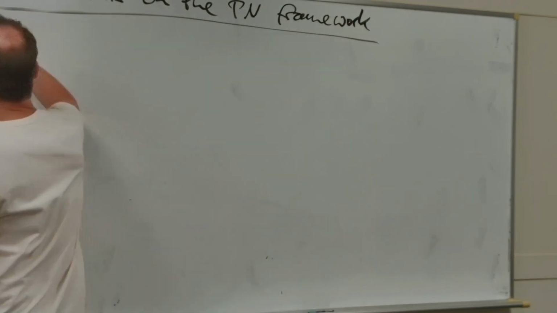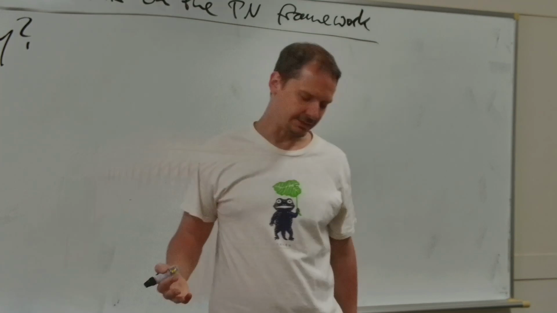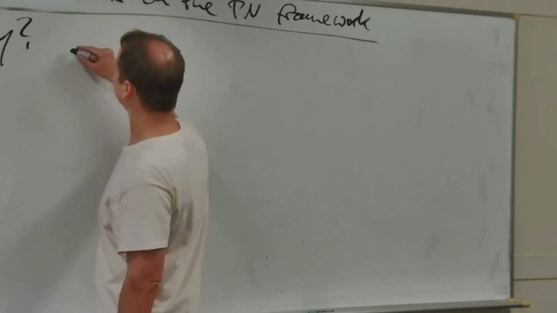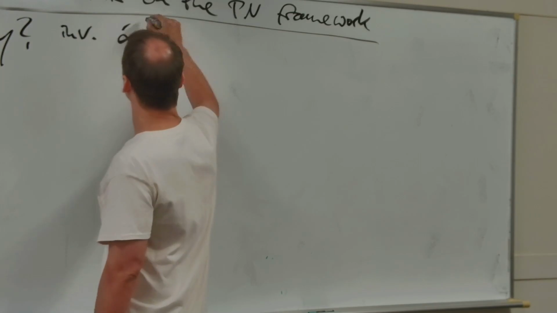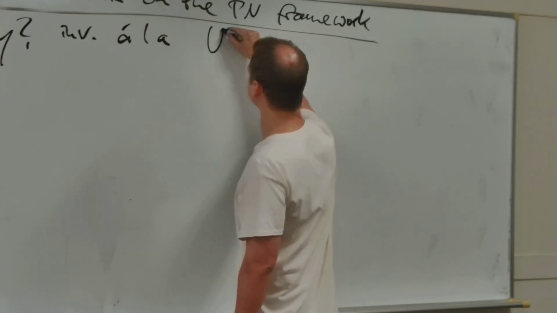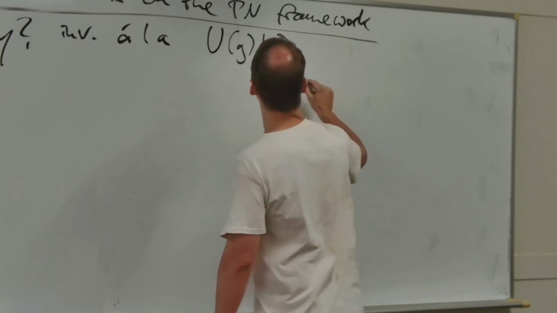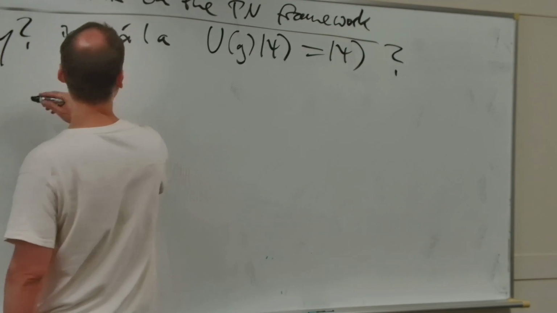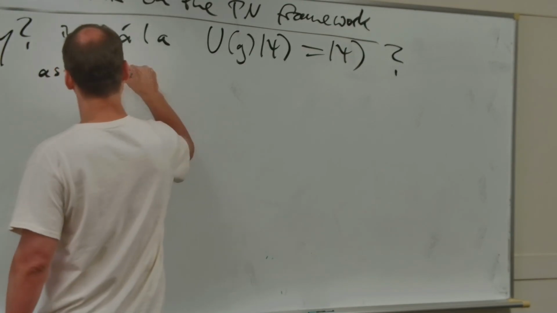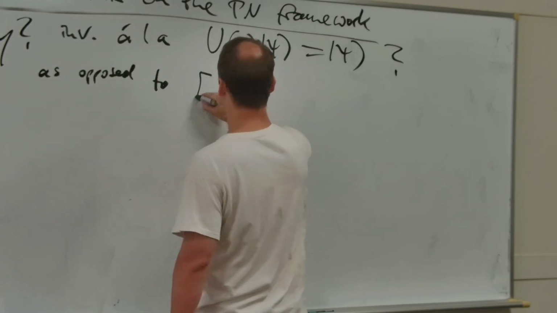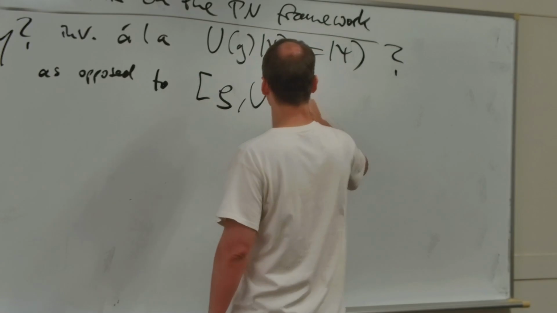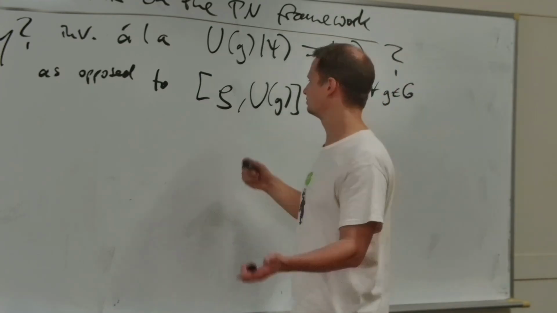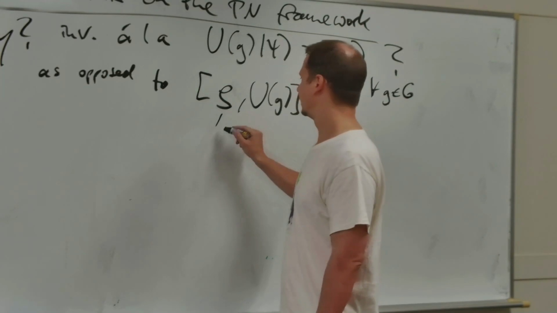And so one question is, maybe people familiar with gauge theories and gravity, then maybe it's clear, but why invariance in the strong sense that we have U(g)|psi> = |psi>, as opposed to, for instance, rho U(g) = 0, for all g in G. So rho is some quantum state.